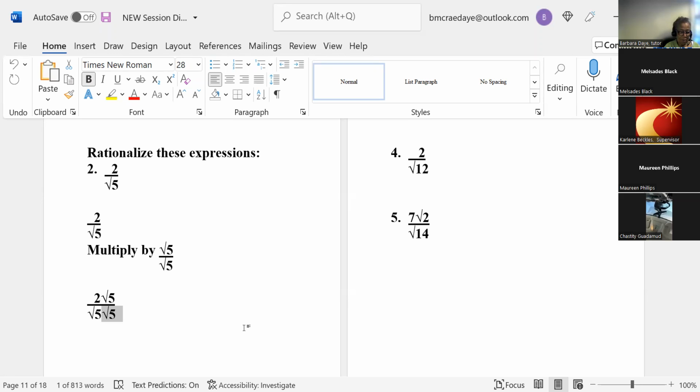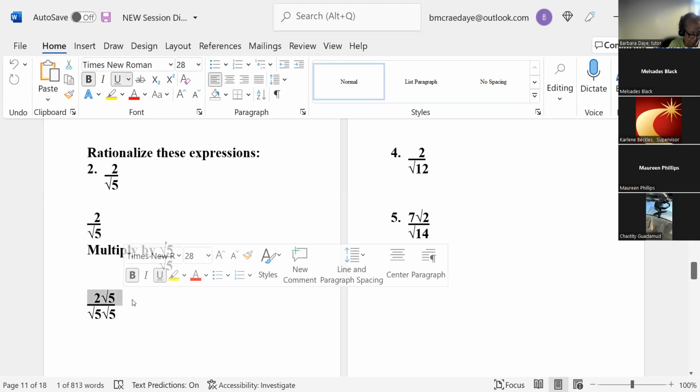The numerator says 2 times square root of 5. And that's just equal to square root 2 times the square root of 5. All right. So then I just put 2 times square root of 5.